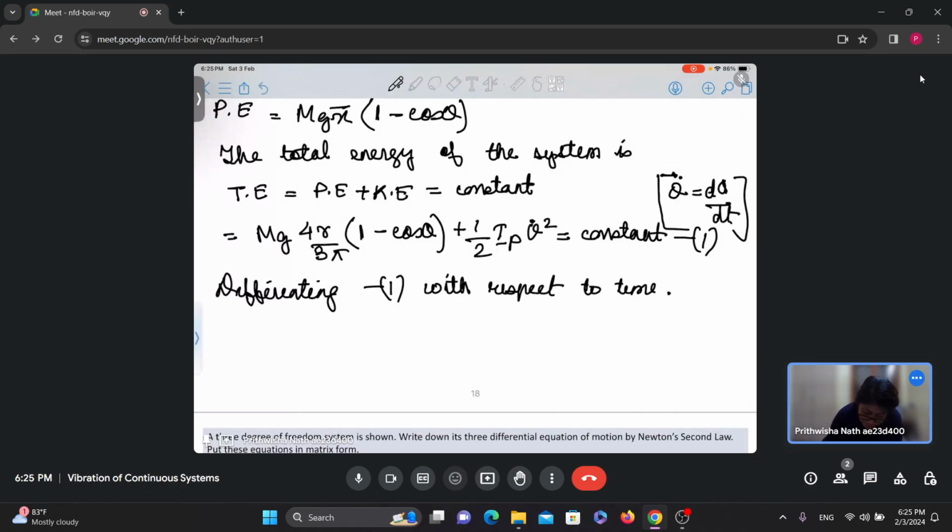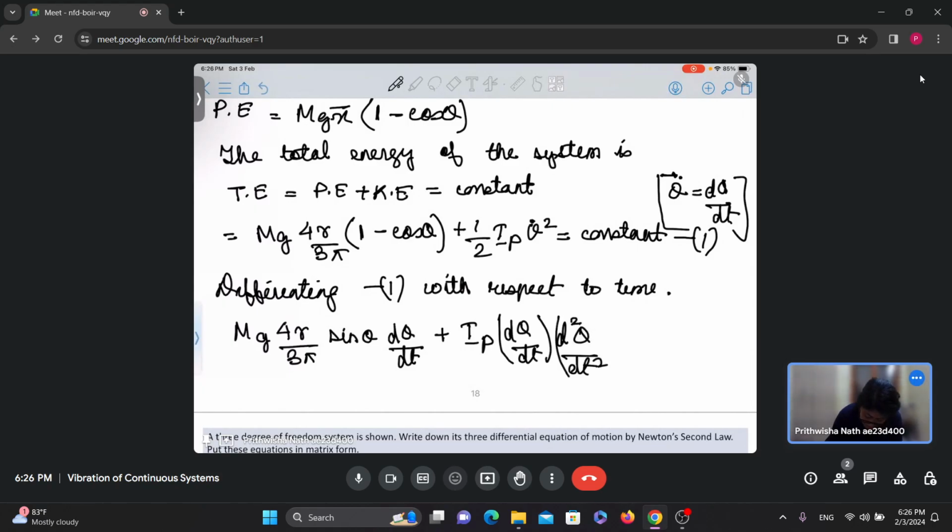I can write this as mg 4r by 3 pi sin theta d theta by dt plus Ip d theta by dt into d square theta by dt square equals 0.